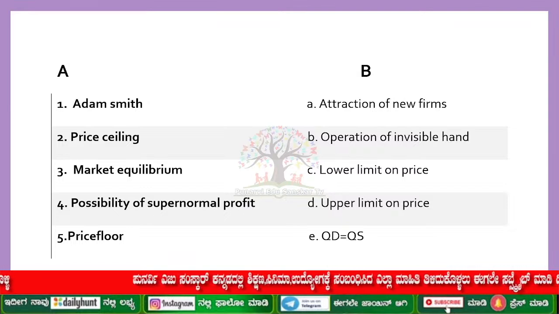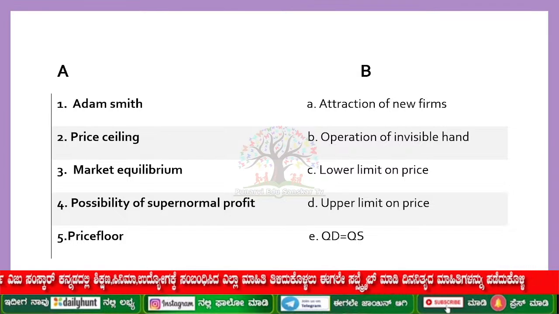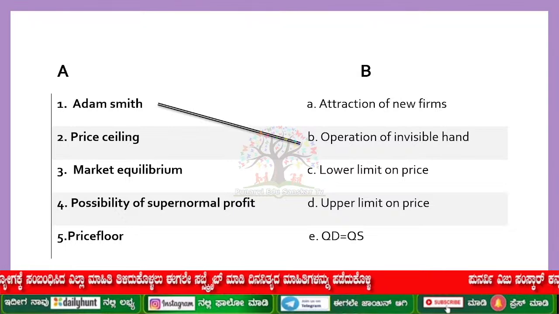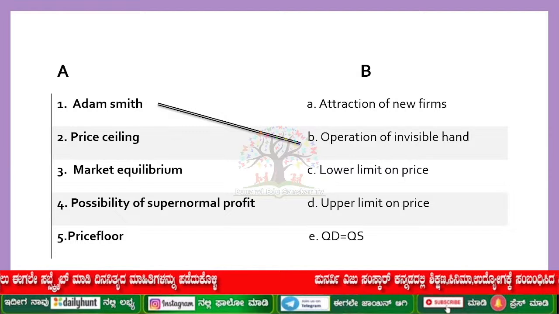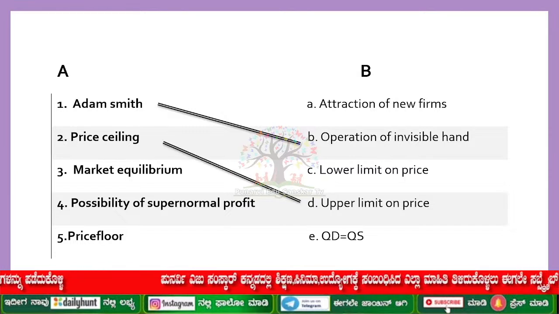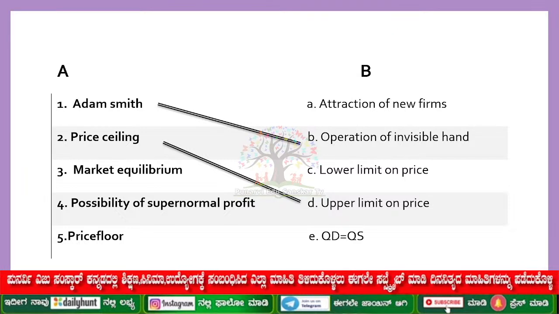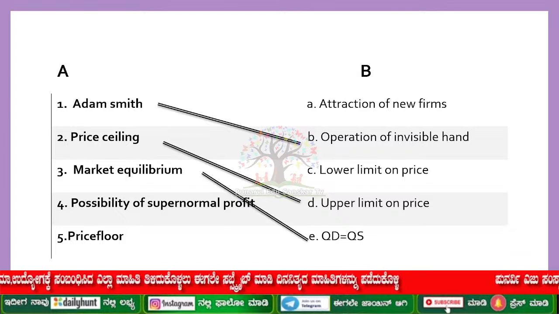Now let us discuss one more question and match the following. Adam Smith: as we know, the price mechanism is known as the operation of the invisible hand by Adam Smith. Price ceiling is an upper limit imposed by government on particular goods, especially agricultural goods. Market equilibrium, where quantity demanded is equal to quantity supplied.